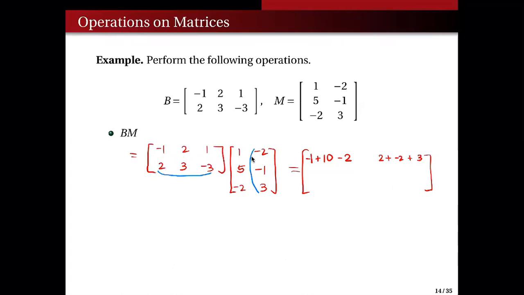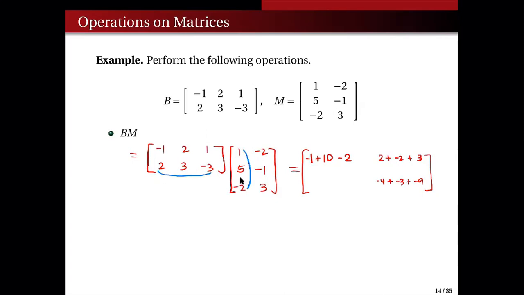Then we have 2 times negative 2, that's negative 4, plus 3 times negative 1, that's negative 3, plus negative 3 times 3, that's negative 9. And then finally, we have this guy here.